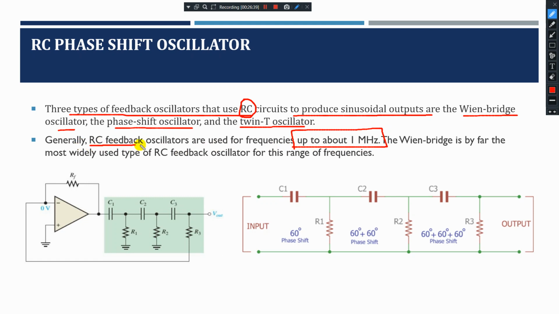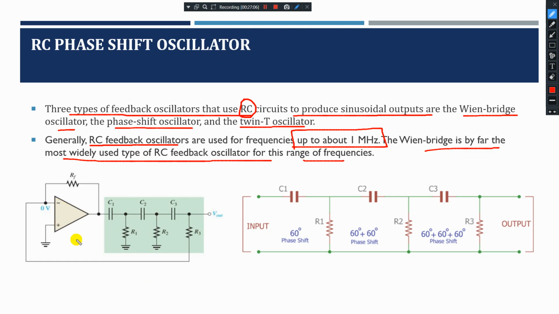The Wien bridge is by far the most widely used type of RC feedback oscillator for this range of frequencies.